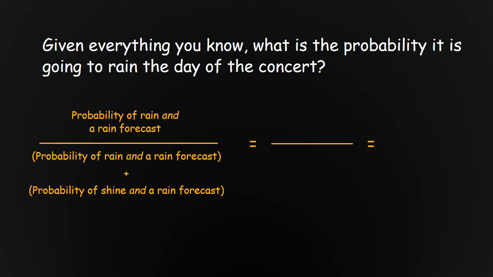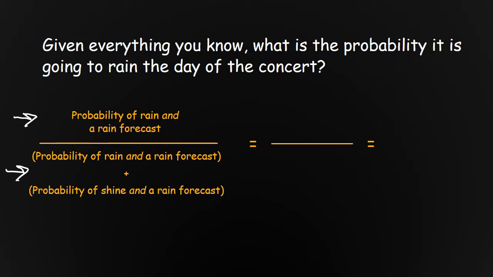Now I want to go back and accurately answer the question that we've been considering. Given all the information we have, what is the probability that it will rain on July 17th? To do this, I need to do a little bit of math. I need to divide the probability of the outcome that I'm interested in by the sum of the probability of all possible outcomes.